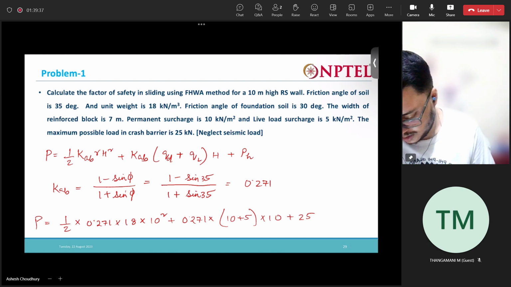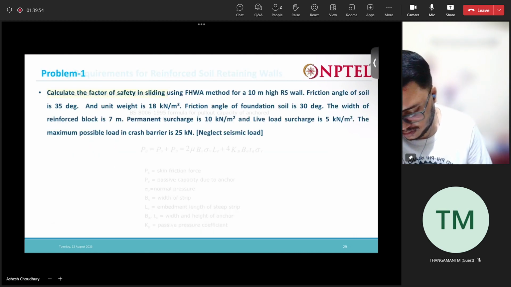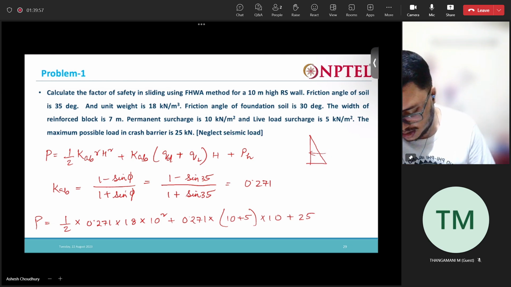The first component is from the earth pressure of the backfill soil, half Ka gamma H square. We have this triangular distribution, right? So this is the first part. And the second is from the surcharge.